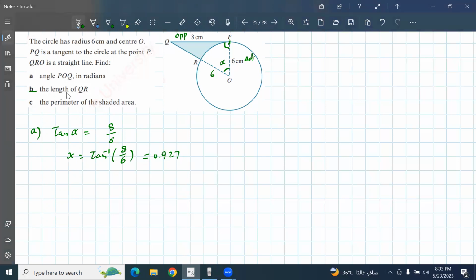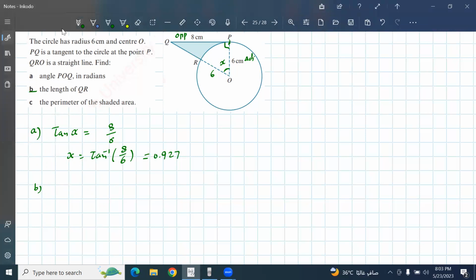And then the length of QR. If you check, OQ is the longest side, opposite to the 90 degree. We can apply Pythagoras theorem for part B. They want QR, but you can find QR only when you know OQ.